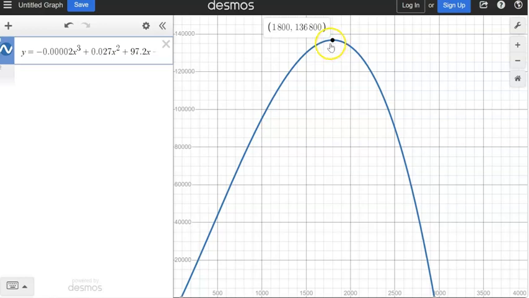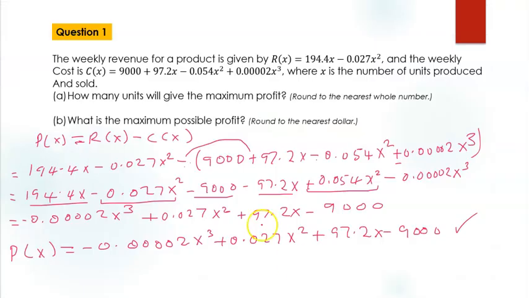If you point there, Desmos gives you x is 1800, which is the number of units made, and the maximum profit is 136,800. So we are able to answer part A: how many units will give maximum profit? It is 1800 units.